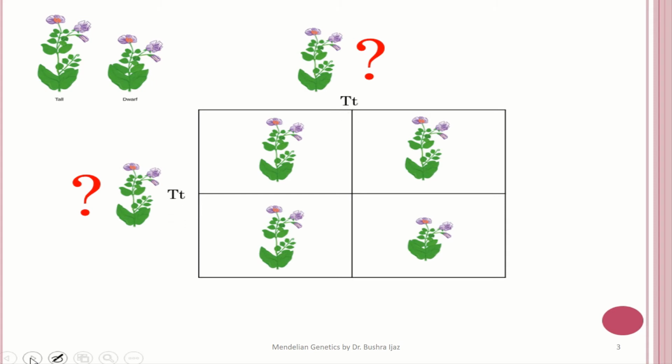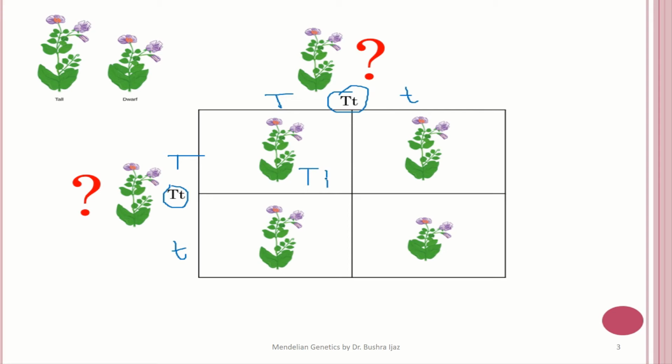The allelic combination will be heterozygous tall. This one will be heterozygous tall and this one will be heterozygous tall. How? T, small t. T, small t. What will be the allelic combination here?